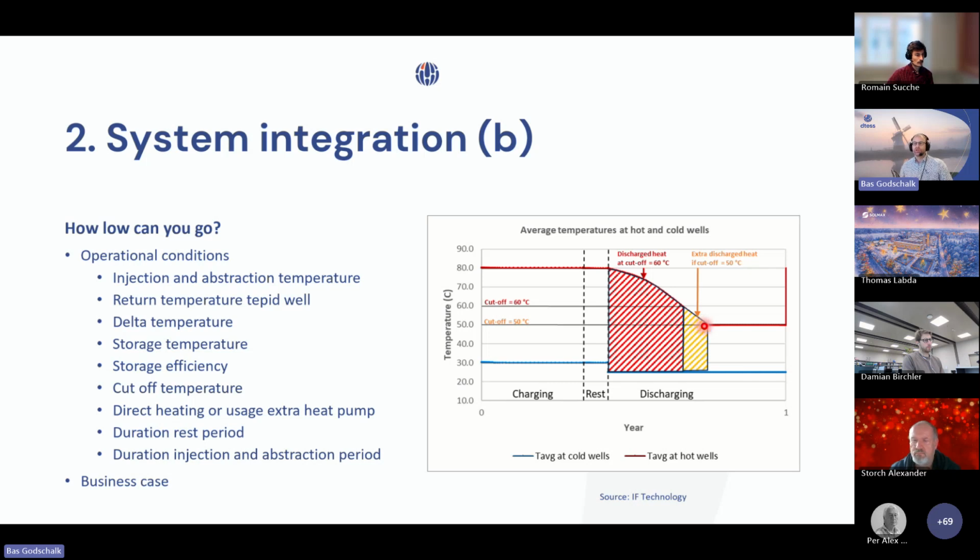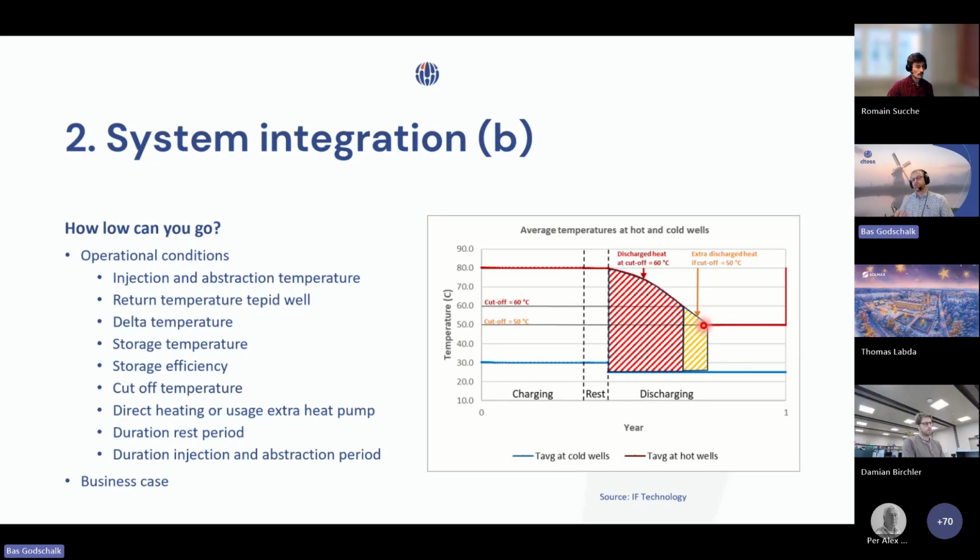But at a certain moment, you come to a point where you cannot deliver enough heat to the end user, or the end user should maybe use an additional heat pump to increase the temperatures again. But that will cost more electricity, so it also has an impact on the business case itself.